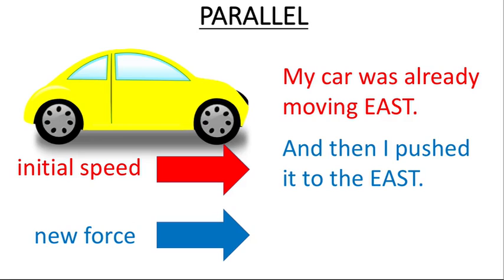I don't know. Let's pretend that this is like a Flintstones car, so there's a hole in the bottom, and you can put your feet down onto the road and push the car forward. Notice that the new force is pointing in the same direction as the initial speed. This is why we say it's a parallel system, because those arrows are parallel to each other.